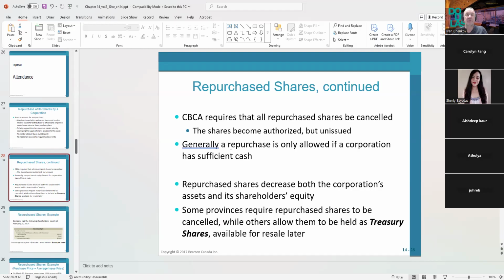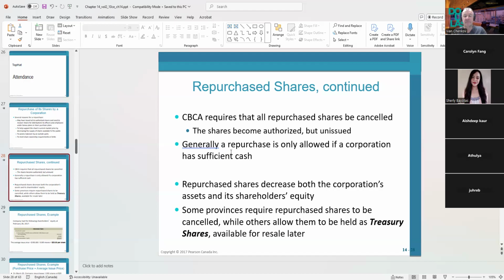Now, repurchased shares will decrease both assets and shareholders' equity. Why the assets? Well, because we have to use the cash. Those shareholders want cash. So once I'm buying the shares, I'm reducing the shareholders' equity by using the assets, which is cash.